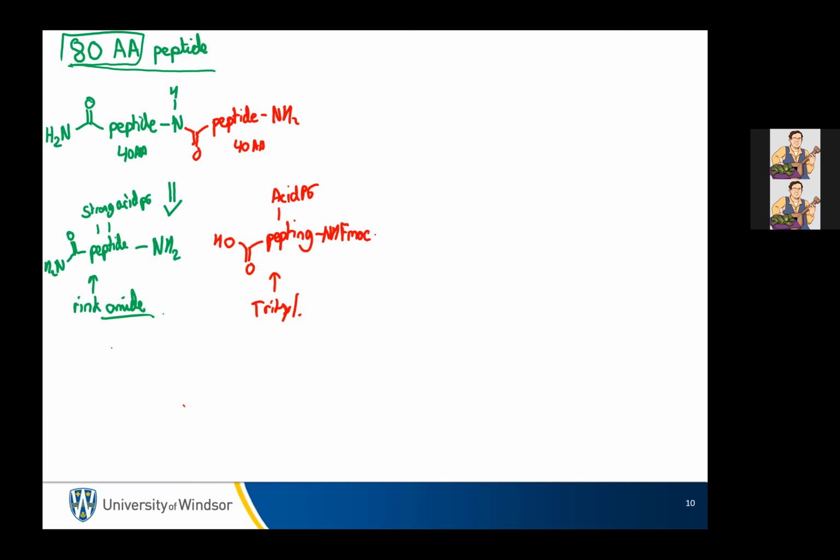So at this point now, you can just couple those two together, right? Using peptide chemistry in solution phase. Is it ideal? No. Is your yield going to suck? Oh God, yes. But you have one carboxylic acid, you have one amine, the two will couple together, and you'll be able to make your extra long 80 amino acid peptide.